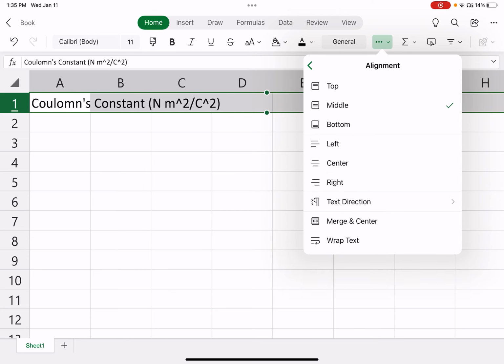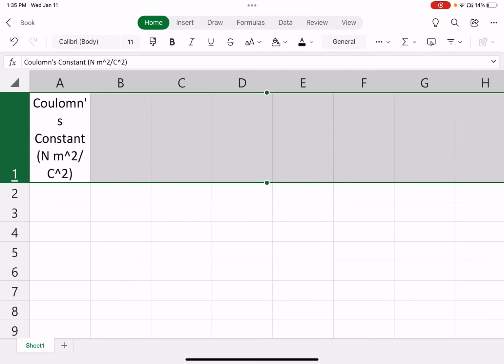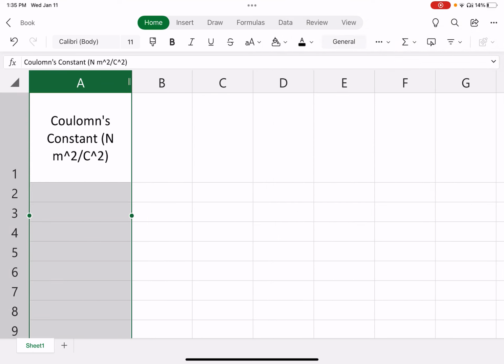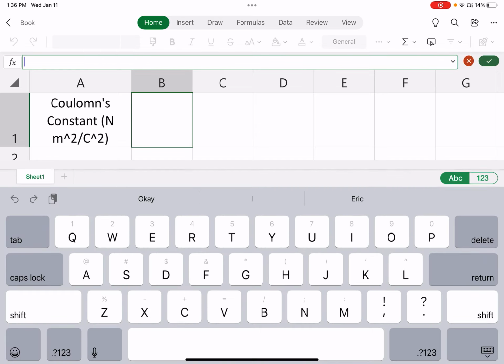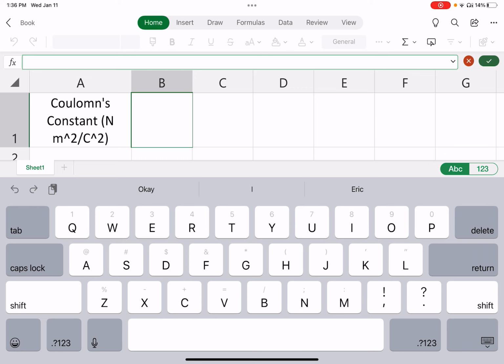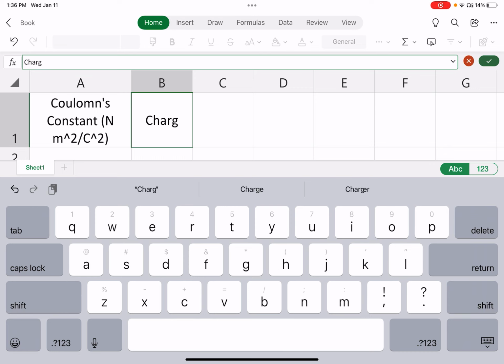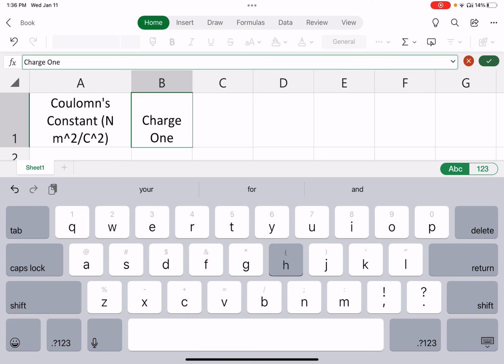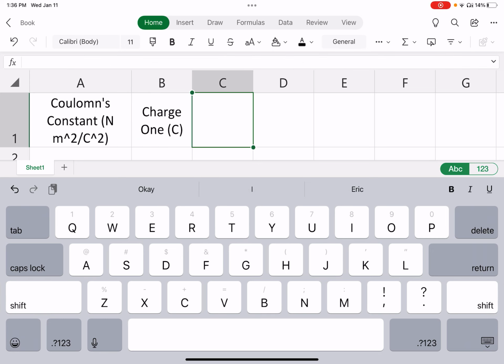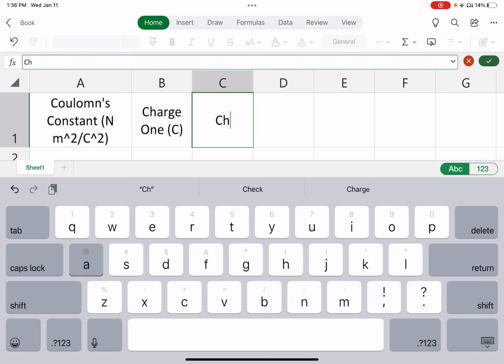I'm going to choose the middle, center, and I want to wrap my text so that it's a little bit more presentable or readable. The other thing that we need for Coulomb's law is the first charge. So I'm just going to say charge one, and this is going to be in terms of coulombs.